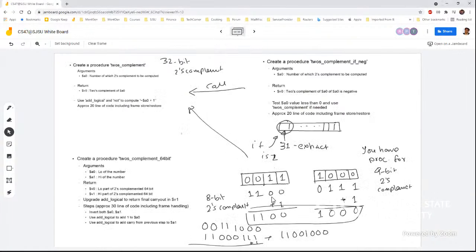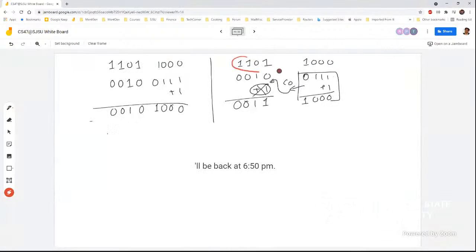So that's what we are trying to do in the 64-bit 2's complement, where we invert both A0 and A1. Both are 32-bit, and since it is a 32-bit processor, we cannot use any function beyond 32-bit capability, right? So it is the same scenario as this. We cannot operate beyond 4-bit, but we still want to compute 2's complement of 8-bit.